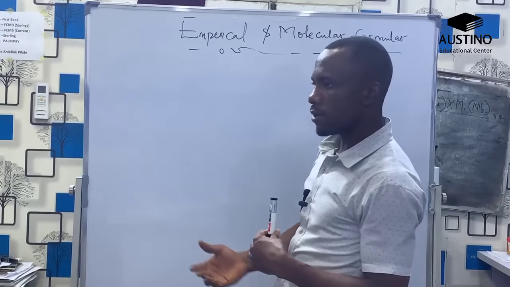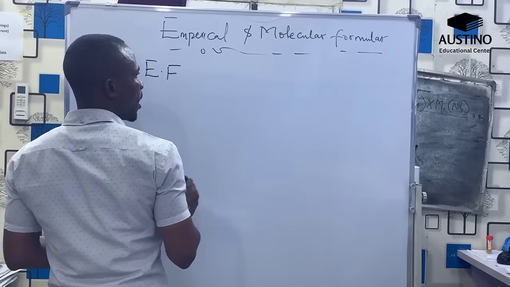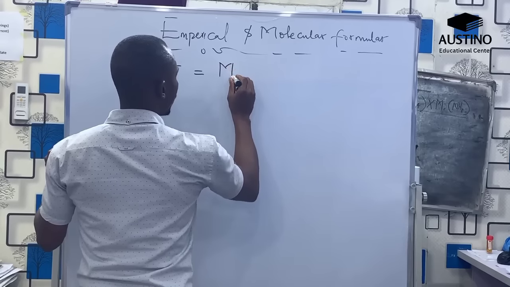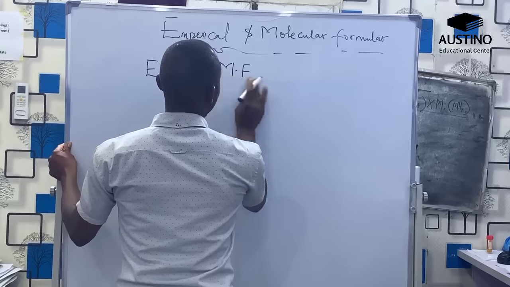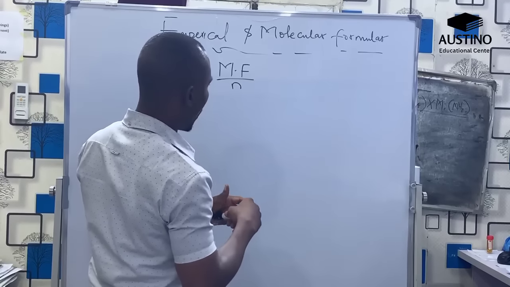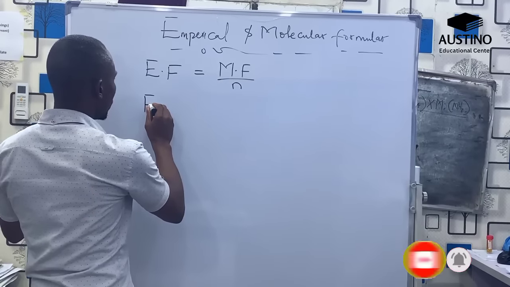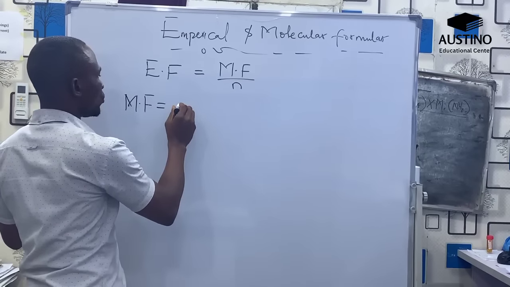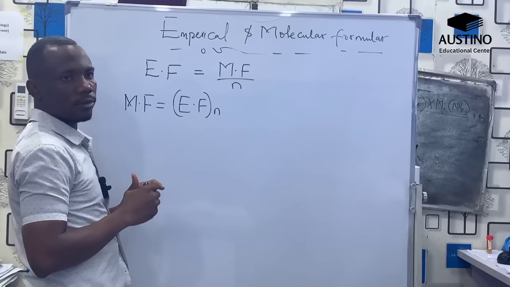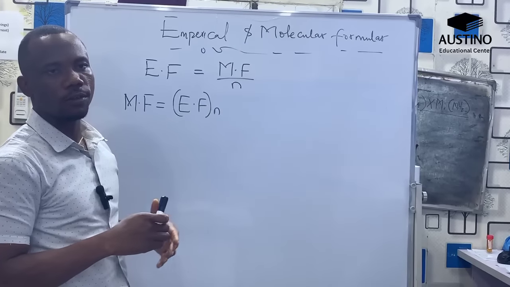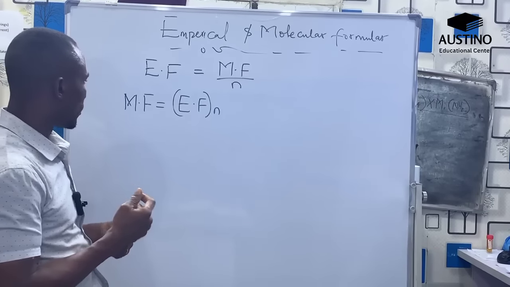By way of mathematical calculation, we will say that empirical formula (E.F.) will be equal to molecular formula divided by the number of atoms present, while molecular formula will be equal to the empirical formula times n, where n is the number of elements present, meaning the molecular weight of the element present there.